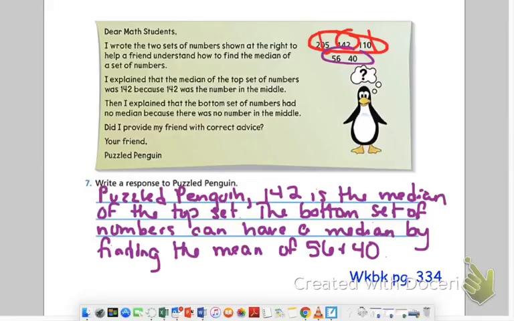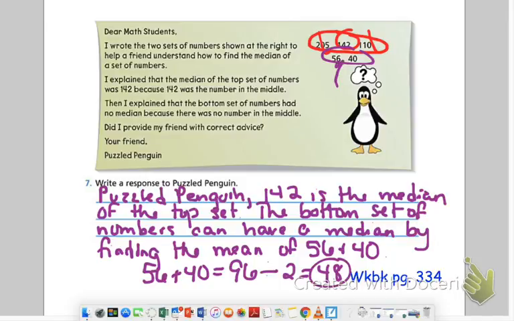So now let's figure out what the mean would be. First, I'm going to do 56 plus 40, which is going to give me 96. And then I'm going to divide by 2 because I have two numbers, and that's going to leave me with 48. That means 48 is the median. 48 is the number in between 56 and 40.